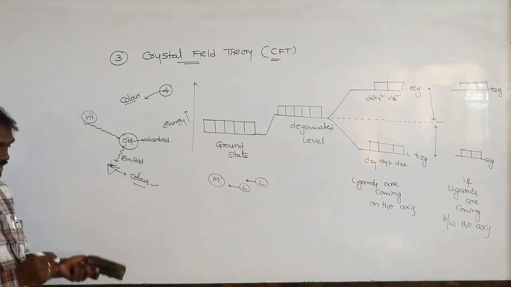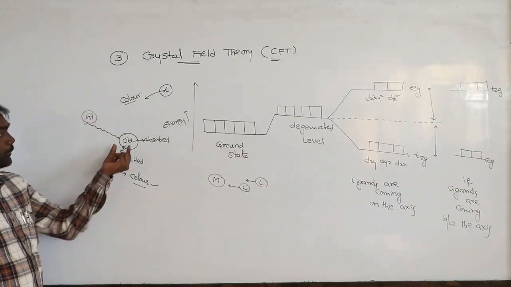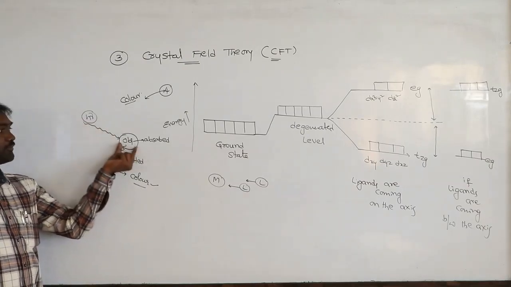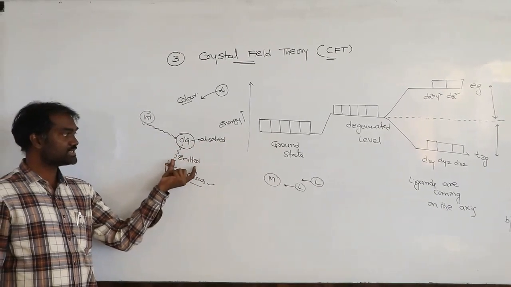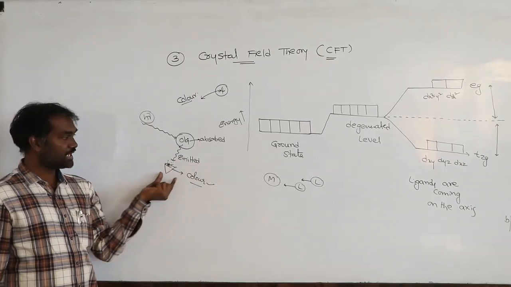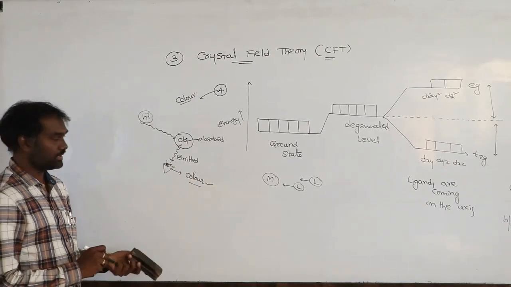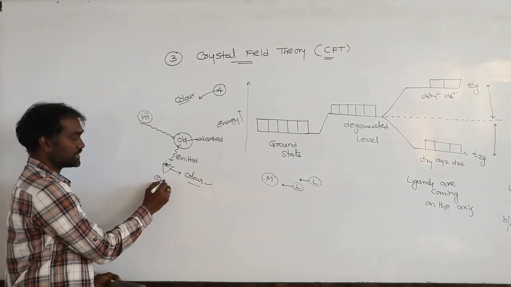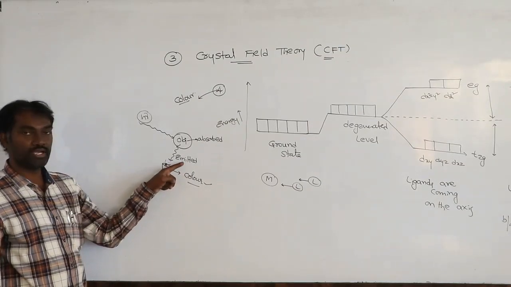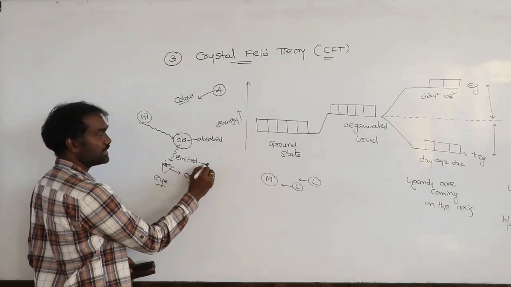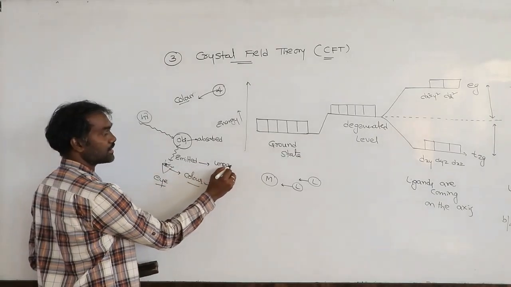So mainly how the color comes is, upon the object some light will fall, something is absorbed, and the remaining is emitted. If the emitted light falls on our eye, then you can see the colors.